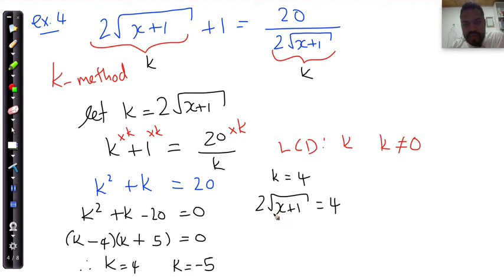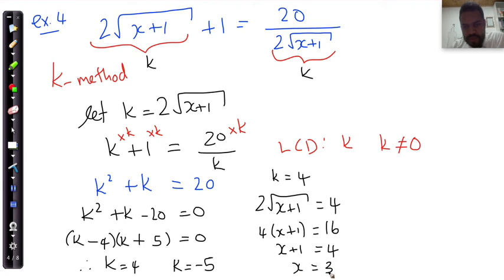I'm going to square both sides now, because the root is already on its own. When I square this, I get 4 multiplied by x plus 1 is equal to 16. Divide both sides by 4, I get x plus 1 is equal to 4, and therefore x is equal to 3.